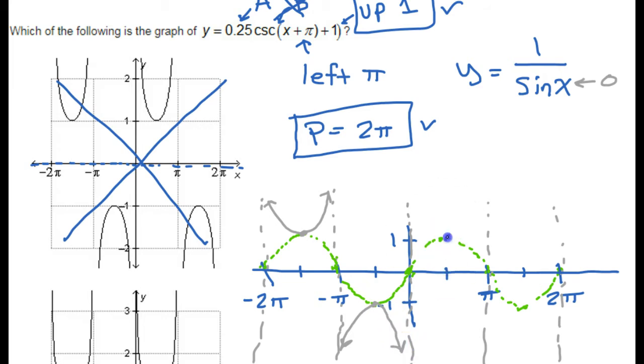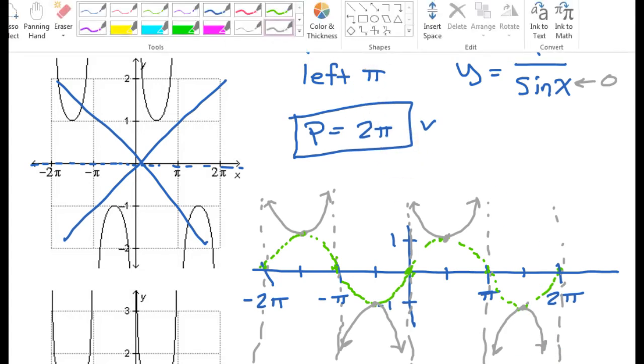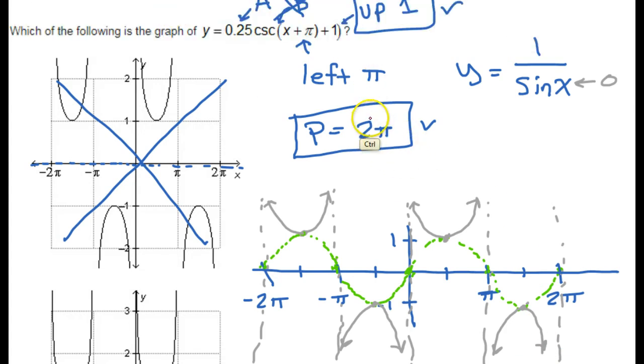Similarly, there'll be a loop of the cosecant function here, and there will be another loop facing down right here. But now we have to shift left pi.